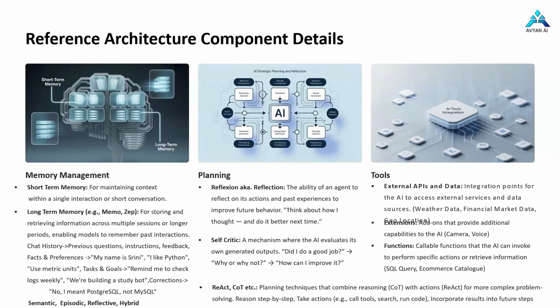You might have told it that we are building a study bot. You might have made some corrections: no, I meant Postgres, not MySQL. So all these important things, it will try to store. Okay, so this is for the long-term memory because of the limitation that LLM models have.